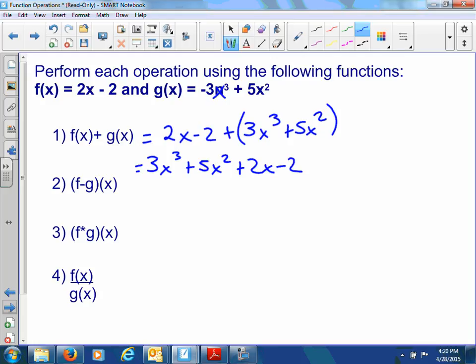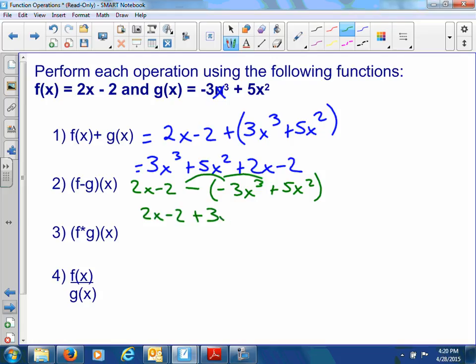When I'm subtracting, I've got 2x minus 2 minus negative 3x cubed plus 5x squared. So that's going to be distribute that negative to both of those. So 2x minus 2 plus 3x cubed minus 5x squared.